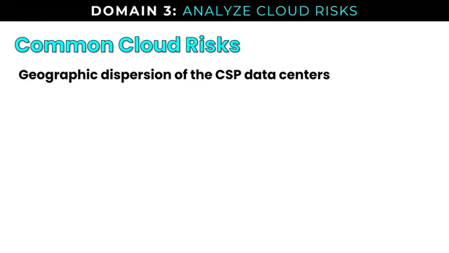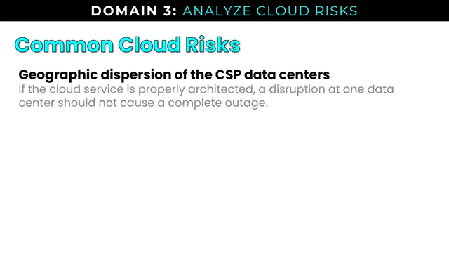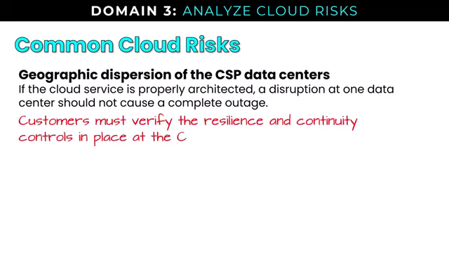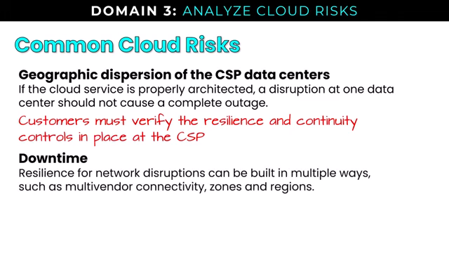So, geographic dispersion of CSP data centers. If the cloud service is properly architected, the disruption at one data center should not cause a complete outage, but customers must verify the resilience and continuity controls in place at the CSP. Downtime. Resilience for network disruptions can be built in multiple ways, such as multi-vendor connectivity, zones, and regions.